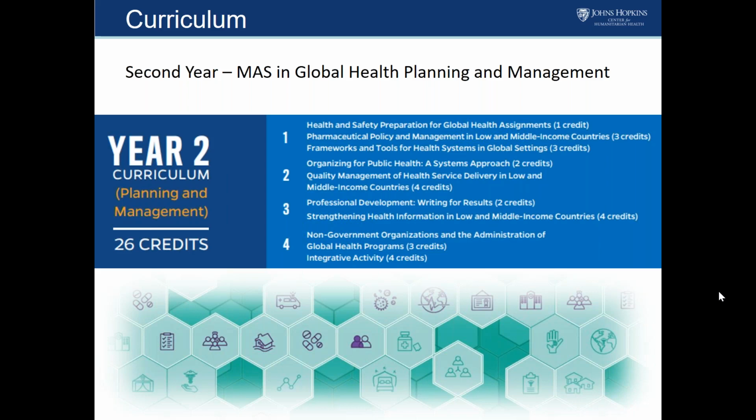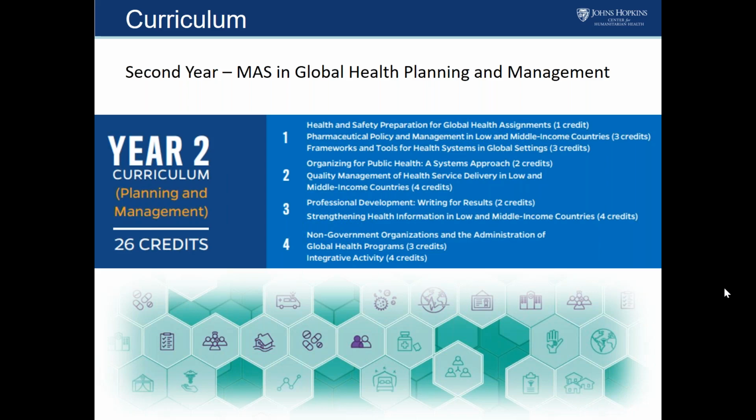And then we'll also look at a health systems framework course in terms of how we can ensure we have strong health systems in global health and low and middle income countries. We have another systems course. Again, this is because the global health planning and management people are focusing at the level of systems, the organizational structure, change management.